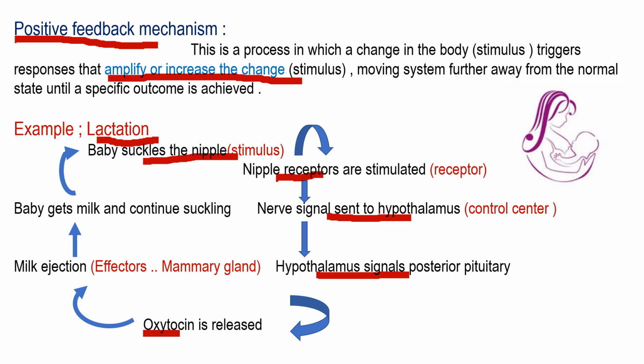In response to that hormone, the mammary gland produces and ejects milk. The baby gets milk and continues suckling, and this cycle repeats again and again until the baby stops suckling the nipples. So in this way you can see that this mechanism increases the change to maintain homeostasis in the human body.